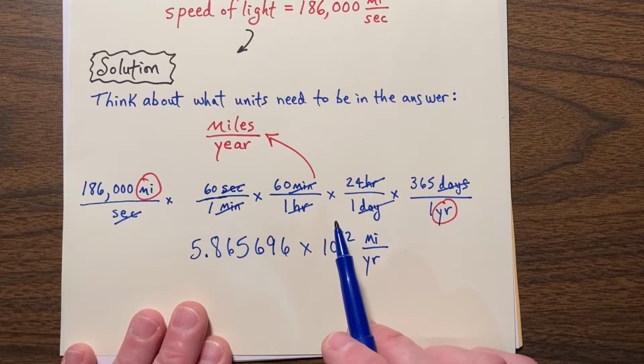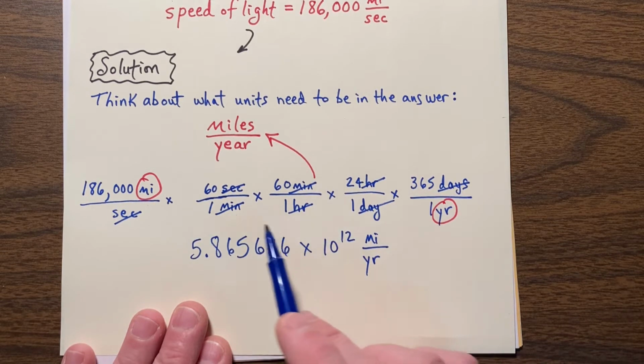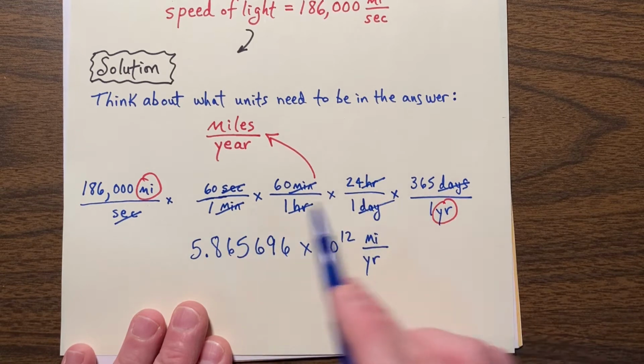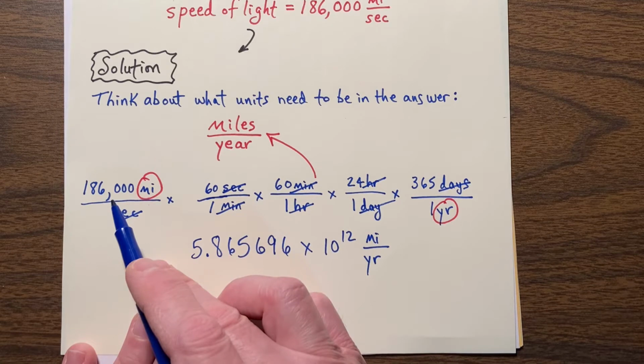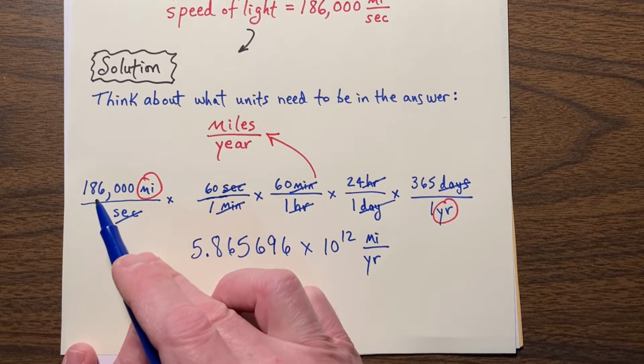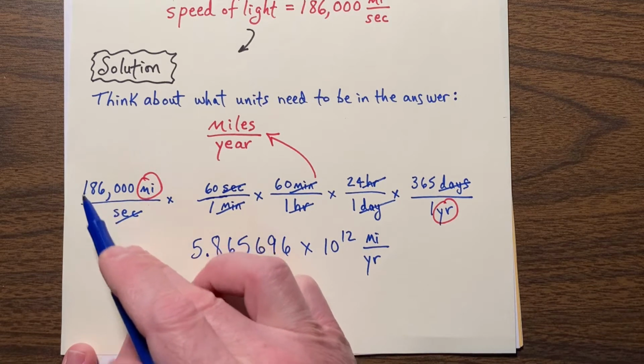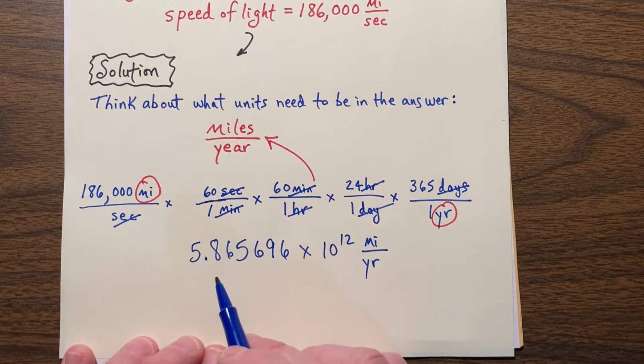Just like in the other problem where you're calculating the time it takes for sunlight to reach Earth, all these are true statements, so they have an infinite number of sig figs. This one is a measurement, so that will determine how many sig figs to be in our answer. That has 3, so we have to round this to 3 sig figs.